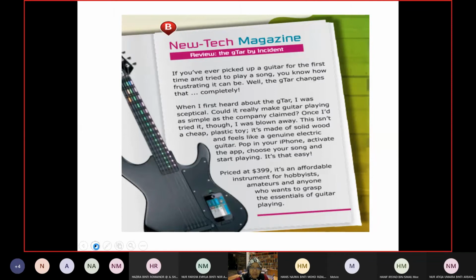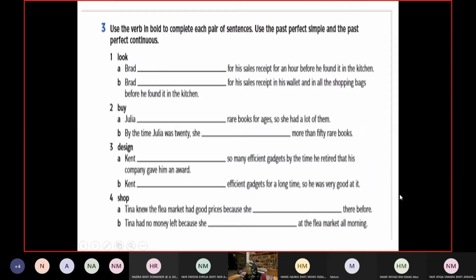All right. So now look at your textbook also. Page 47. All right. Exercise 3. Use the verb in bold to complete each pair of sentences. Use the past perfect simple and the past perfect continuous.